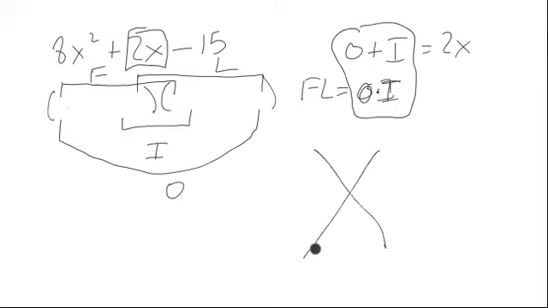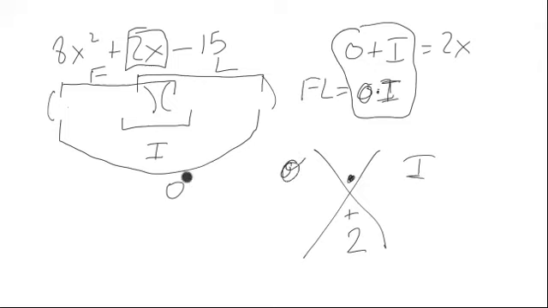So let's figure out what O and I are. We know when we add them together, we get 2x. But let's just concentrate on coefficients for now. Let's pretend like O is a coefficient and I is a coefficient.